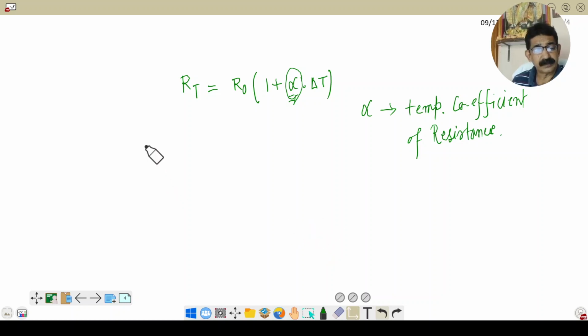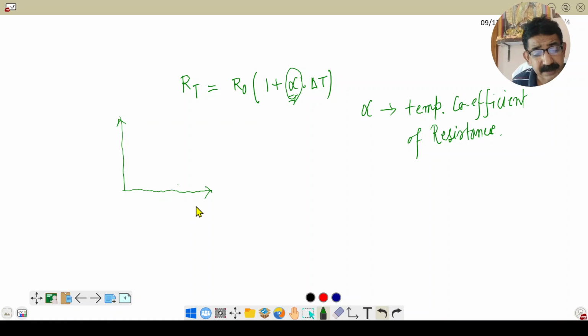Suppose this is the x-axis, this is the y-axis.